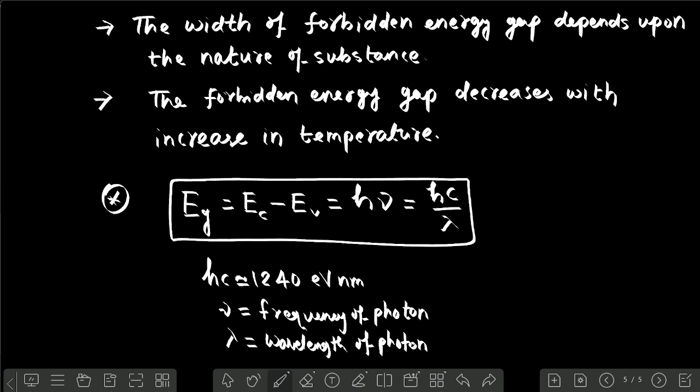EV is the highest energy level in the valence band and EC is the lowest energy level in the conduction band. EC and EV, remember perfectly.